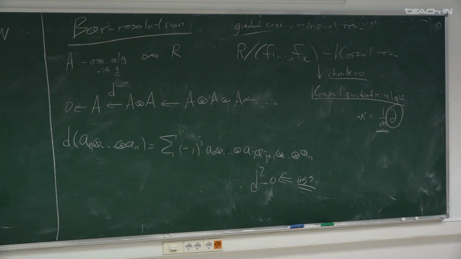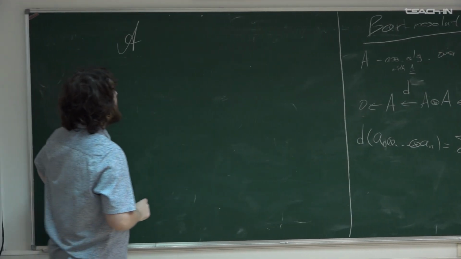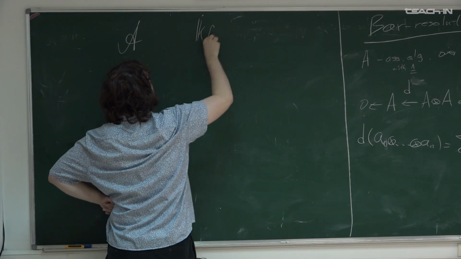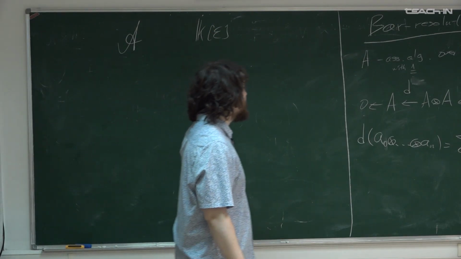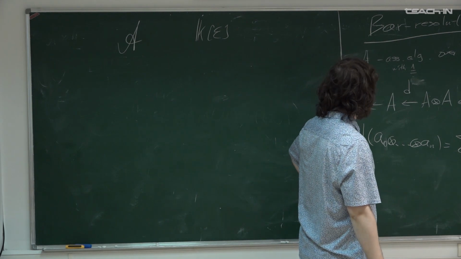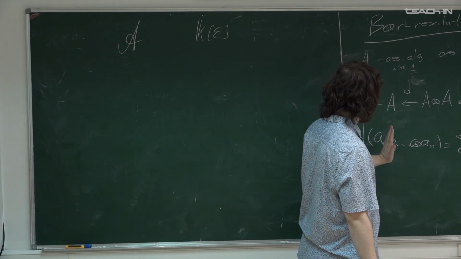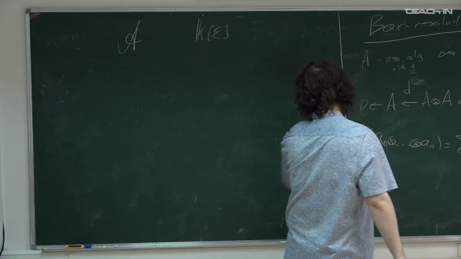What is this, in fact? I just want to consider that I have an associative algebra A. In d bar, sometimes these tensors are denoted differently, but it's not important.